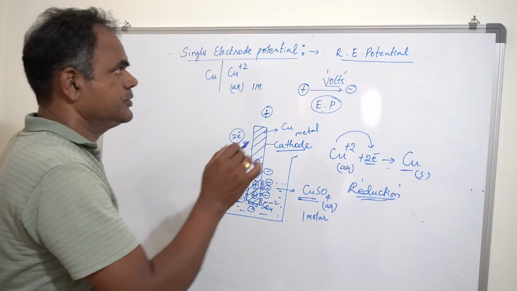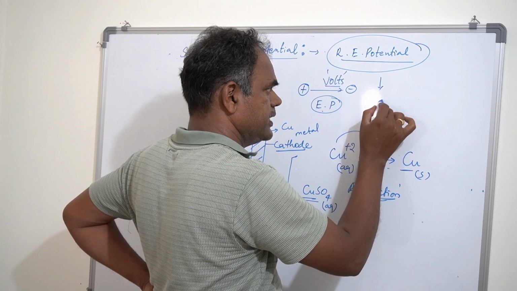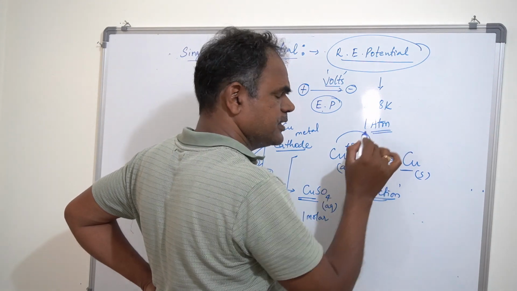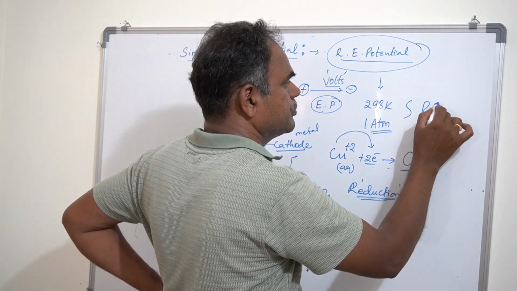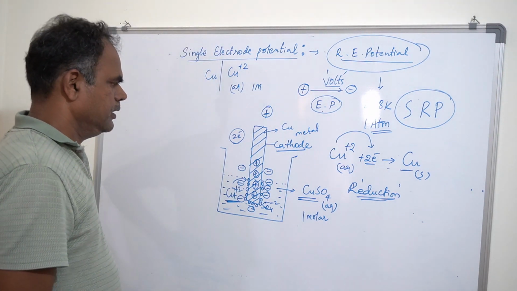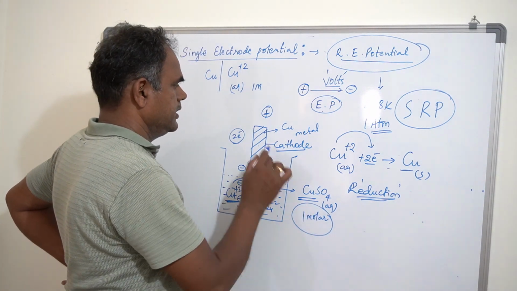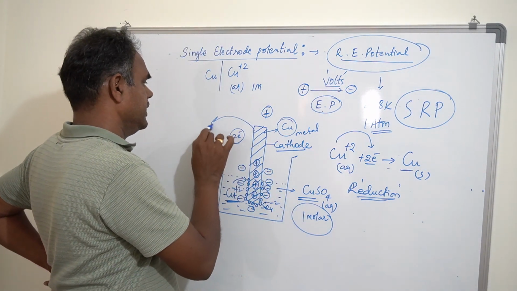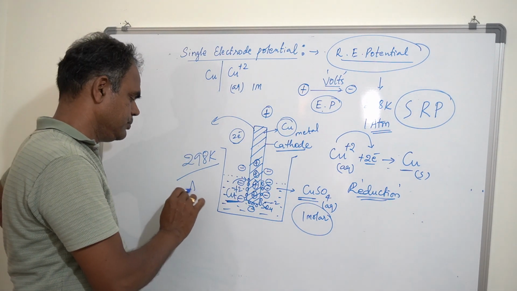Now when this reduction potential is measured at standard conditions like 298 Kelvin temperature and 1 atm pressure, then this reduction potential is said to be the standard reduction potential, SRP. That means the concentration of solution must be 1 molar, the copper plate must be pure, the temperature must be 298 Kelvin, and the pressure 1 atm.